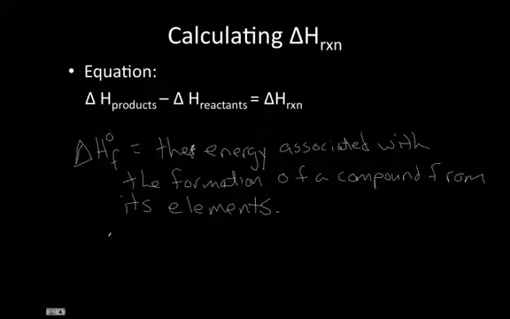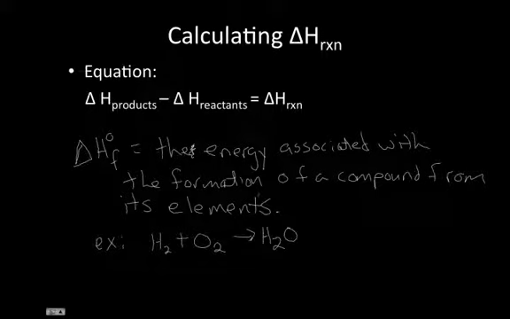So to give an example of a delta H of formation, the delta H of formation is equal to the delta H of a reaction when it's the reaction that forms a compound from its elements. So for example, if we have H2 plus O2 forming H2O, and it's the formation of 1 mole of the compound, so we have to have a coefficient of 1 here.